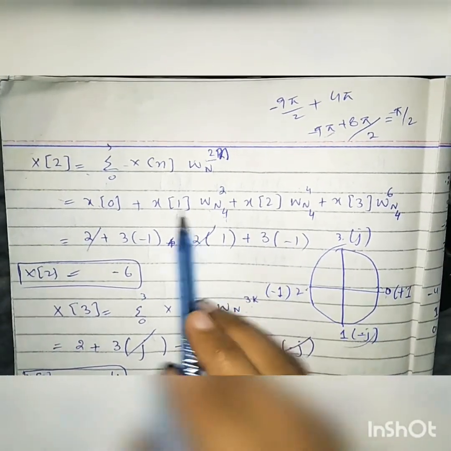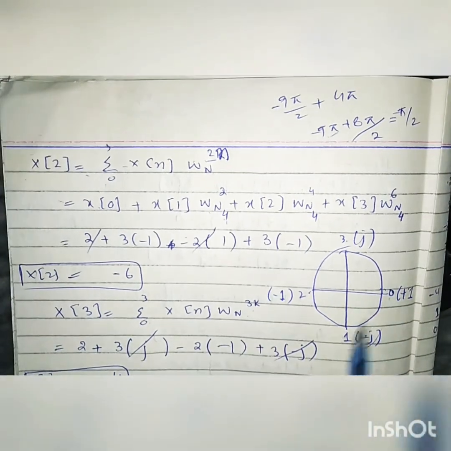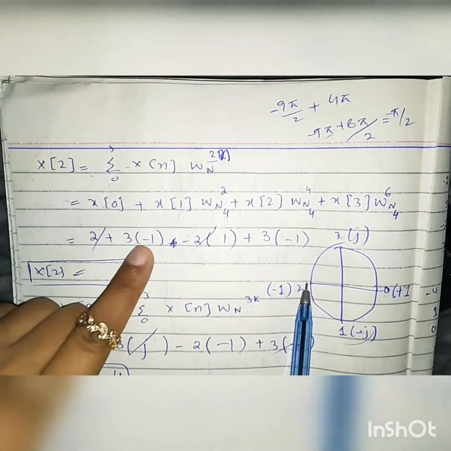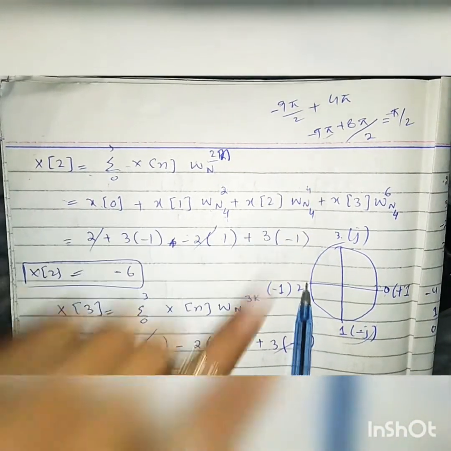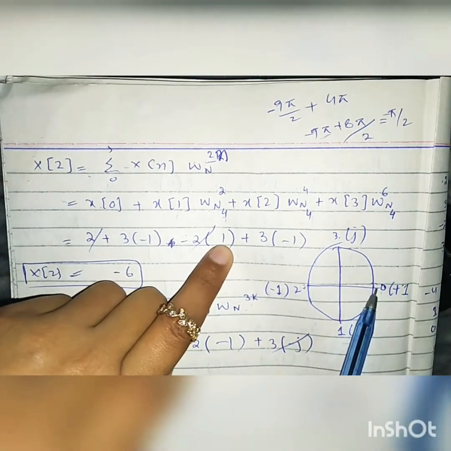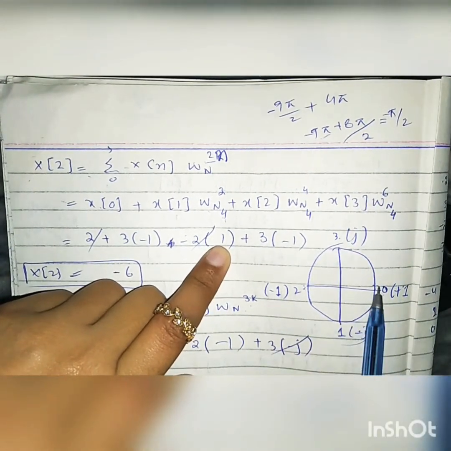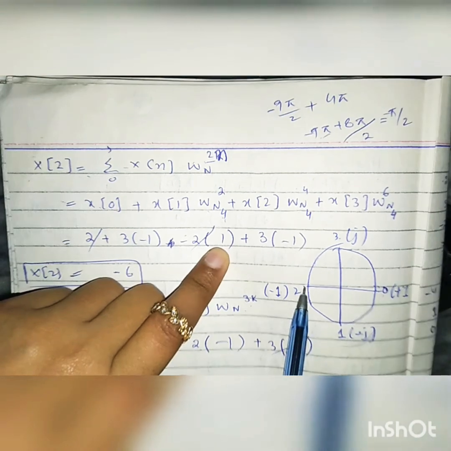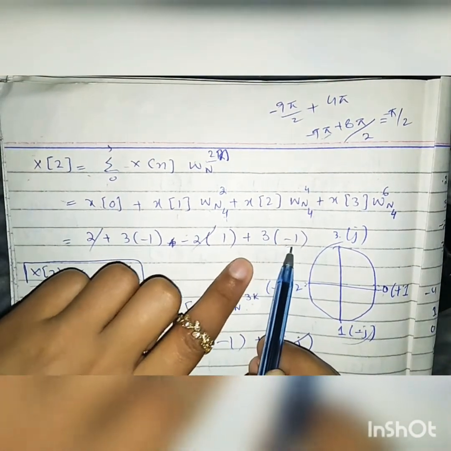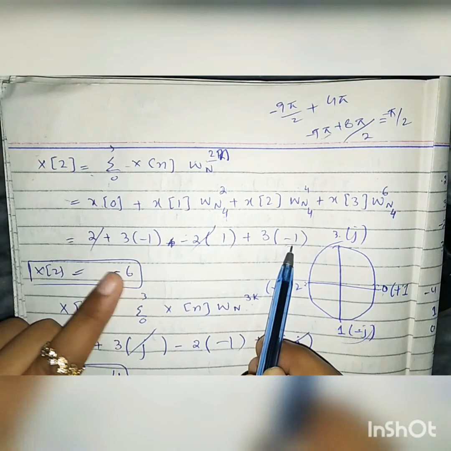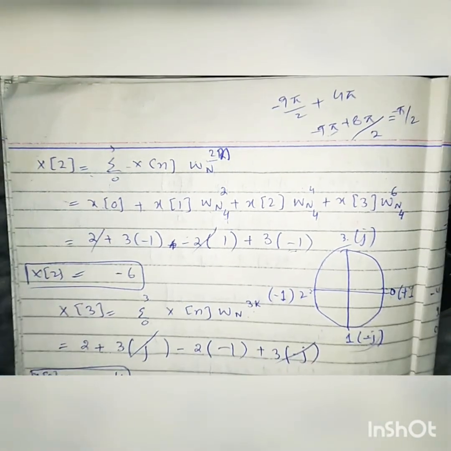So here we can see that w4 of 2 is this position, so I have put a minus 1 here. Then w4 of 4 is this position, so I have put a 1 here. And w4 of 6 is this position again, so I have put a minus 1 here. We'll solve it and we will get minus 6.